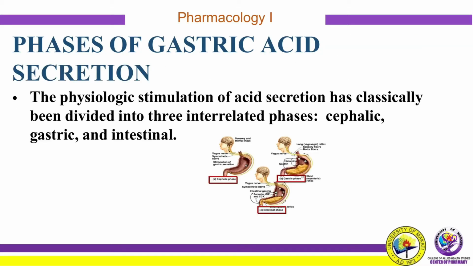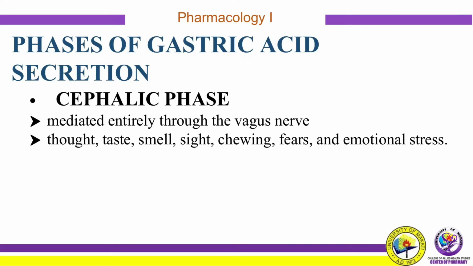Phases of gastric acid secretion. The physiologic stimulation of acid secretion has classically been divided into three interrelated phases: cephalic, gastric, and intestinal. The cephalic phase is activated by the thought, smell, taste, sight, chewing, fears, and emotional stress.